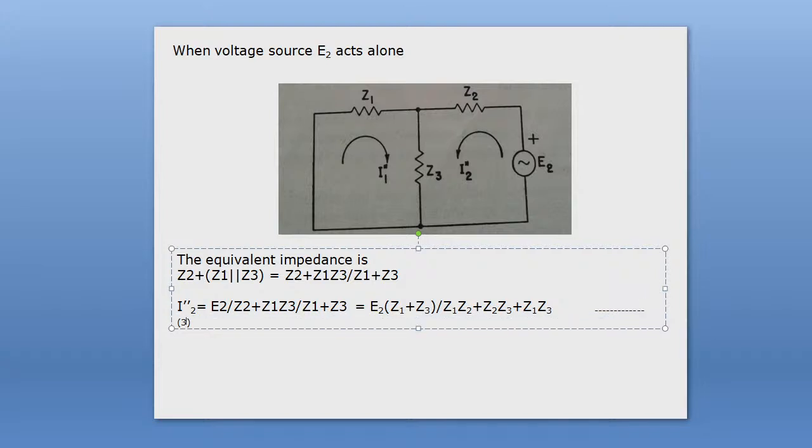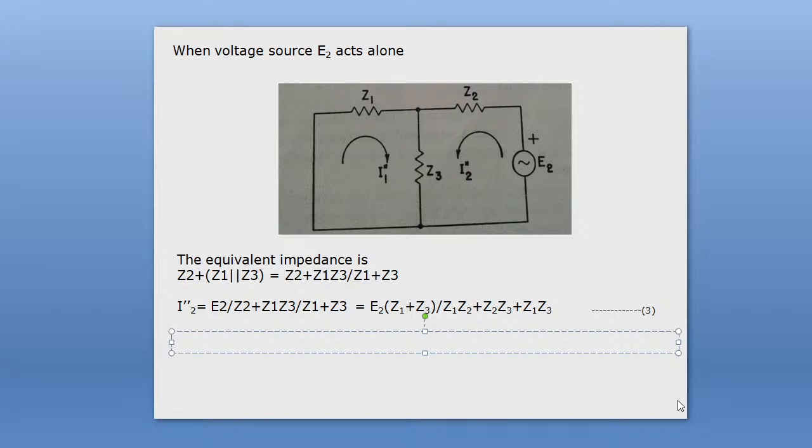The last time we mentioned equation 1 and 2, so you just consider equation 3. Now you calculate the value of I1 double dash. Everyone see the expression of I2 double dash is E2 into Z1 plus Z3 divided by Z1 Z2 plus Z2 Z3 plus Z1 Z3.